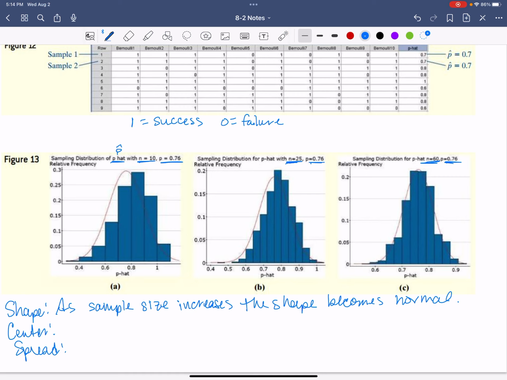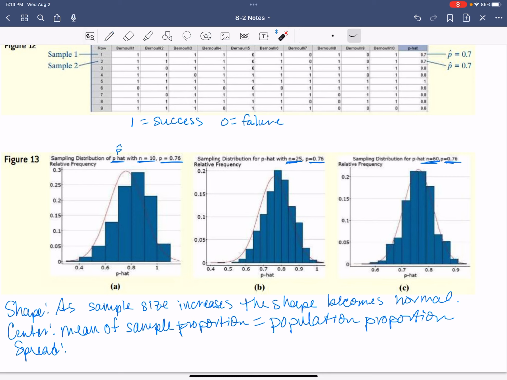So the mean of the sample proportion equals the population proportion. So it's about that same.